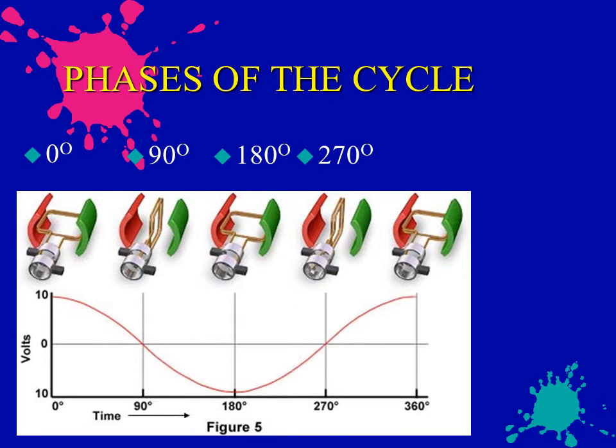At 270 degrees, we again have the conductors cutting through none of the magnetic field lines, therefore again giving a 0 output. When it returns to the start, in other words 360 degrees, we will have maximum output again in the positive direction because it is again also cutting through at 90 degree angles to the magnetic field.